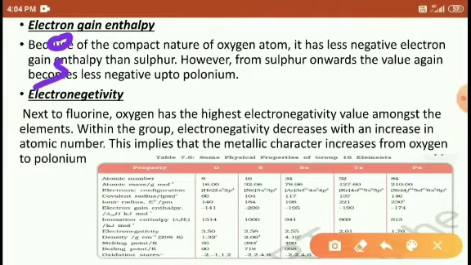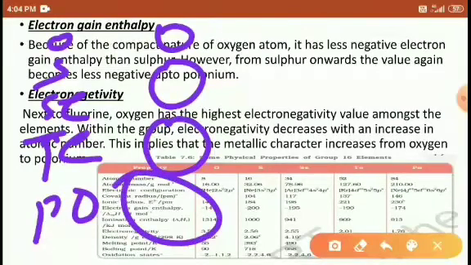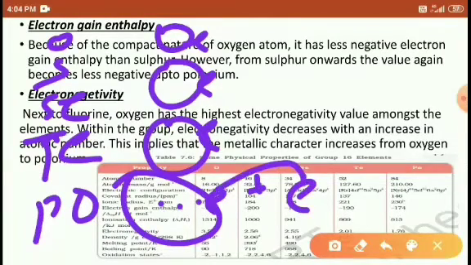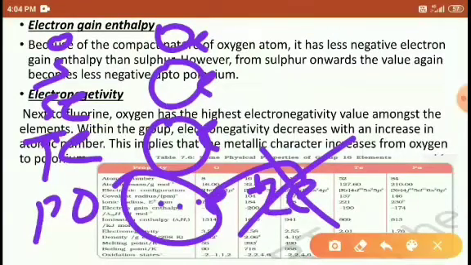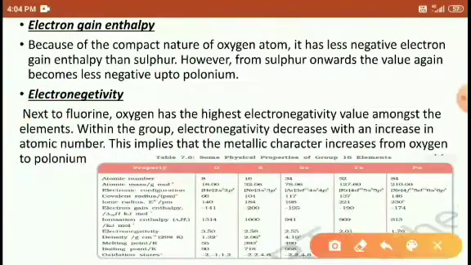Oxygen, sulfur, selenium, tellurium, polonium, here the size goes on increasing. As the size increases, the outermost electrons feel less attraction from the nucleus, so they do not welcome the new pair of electrons. So that's why the elements at the bottom are less electronegative than oxygen. Right, students?